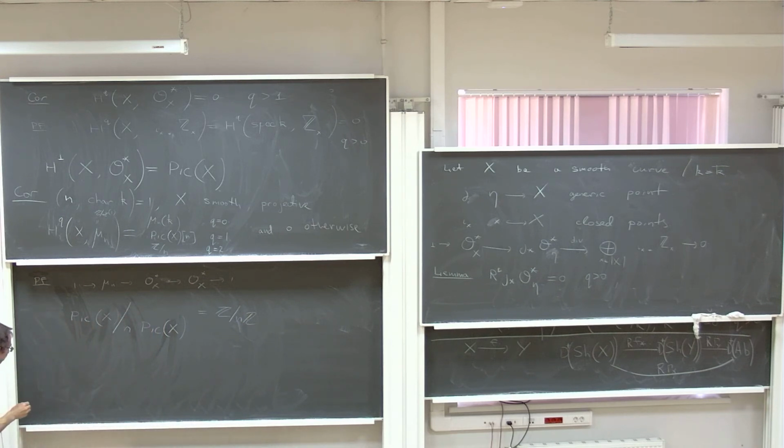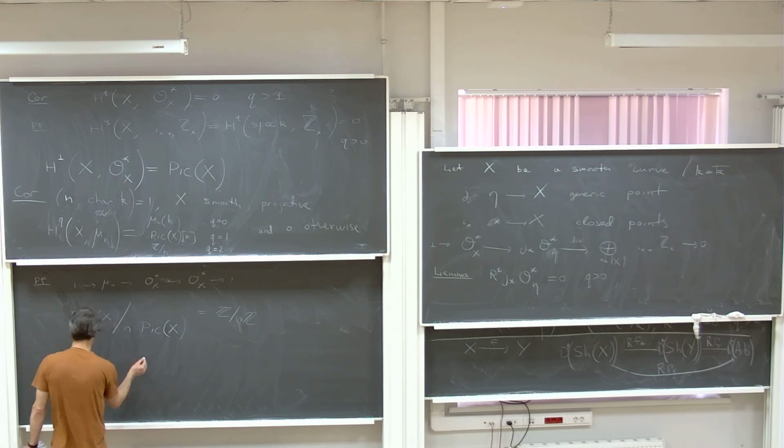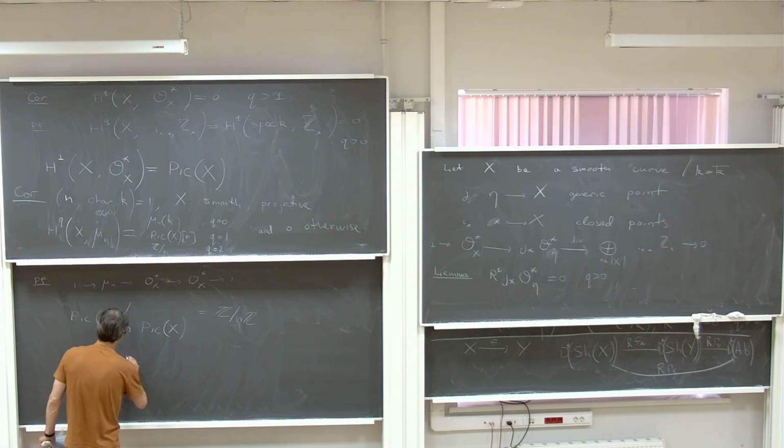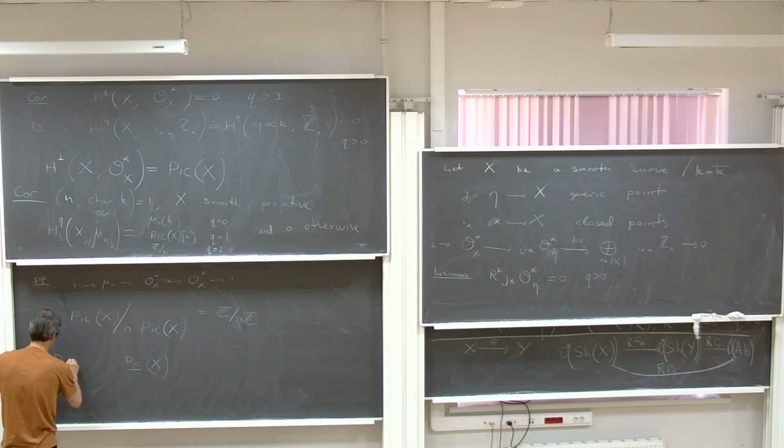So how does it follow? Well, the best argument uses the Picard scheme. So for a curve, this is the group of K points of the Picard scheme of X. And the Picard scheme of X is a group scheme whose connected component, the neutral connected component, is called Pic 0. And this is an abelian variety.